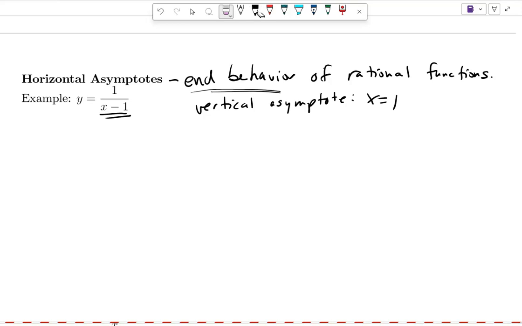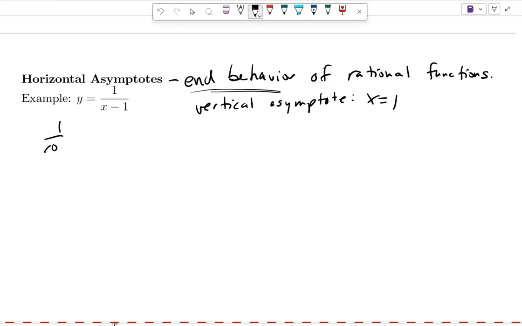So for example, if I put 101 in for x, what do I get? 1 over 100, right? If I put 1,001 in for x, what do I get? 1 over 1,000. If I put 1,000,001 in for x, what do I get? 1 over 1,000,000. What are those numbers getting really, really close to? 0, right?